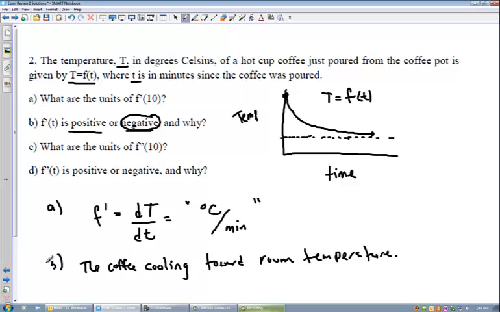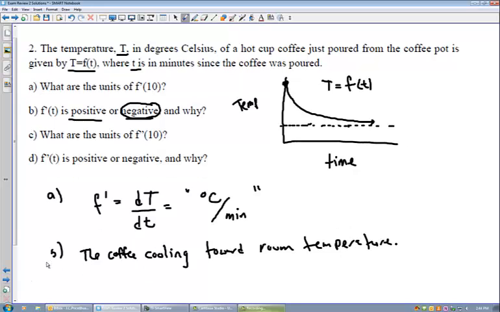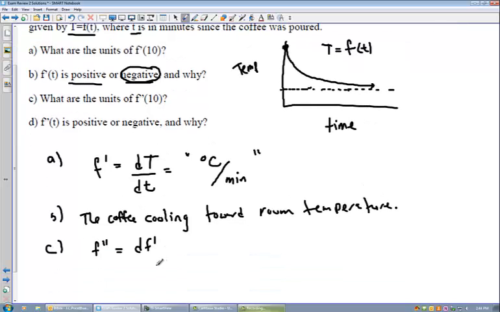All right, let's look at part C that asks about double prime. What are the units of f double prime? Now remember, f double prime is found by taking the derivative. If you want, you can even write this, df prime dt, which says take the derivative of f prime, the derivative of the derivative.